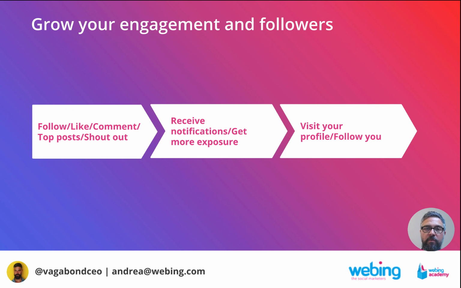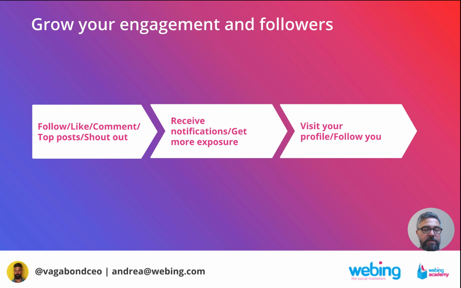On one level, you want to grow the popularity and the awareness of your profile. So your brand needs to grow on Instagram. And on the second level, you work on your content. So you want to grow also the visibility of your content, of your posts, your videos, your photos, whatever you post.